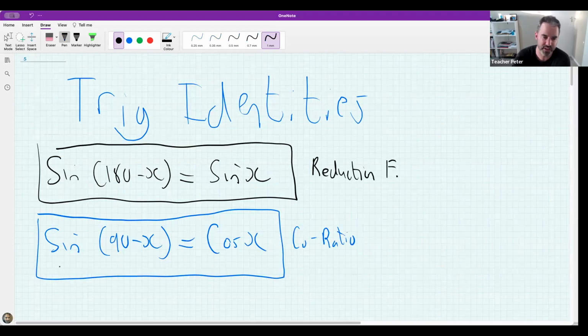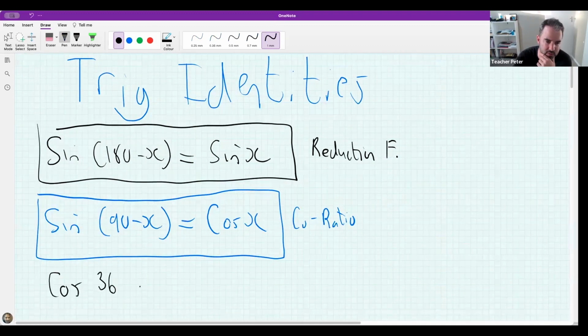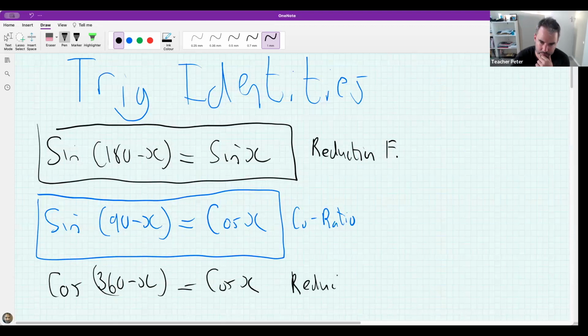And we could also get things like the cos of 360 minus x equals the same as the cos of x. That was also still just the reduction formula. Give me a thumbs up if you recognize those trig identities.